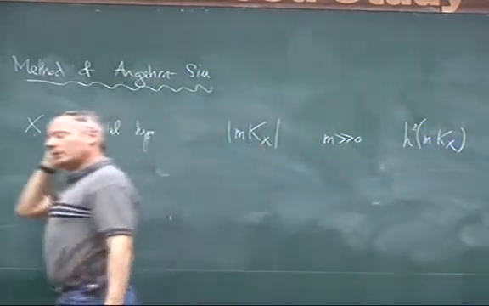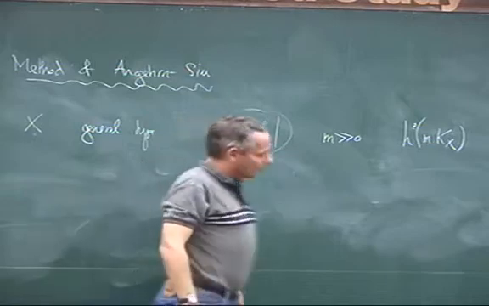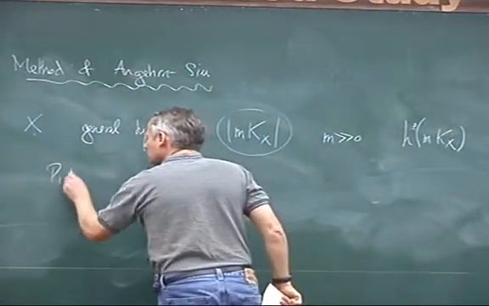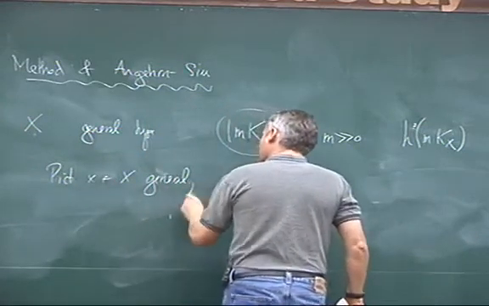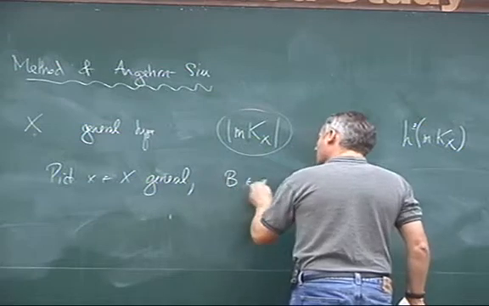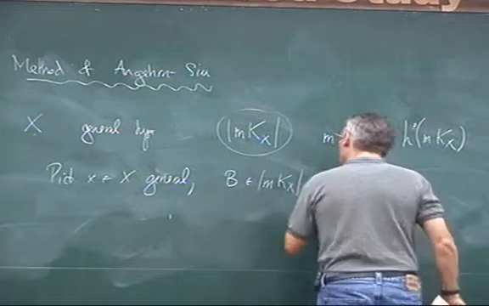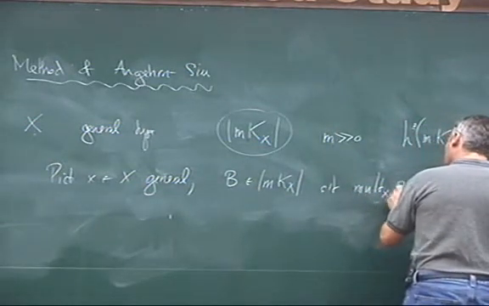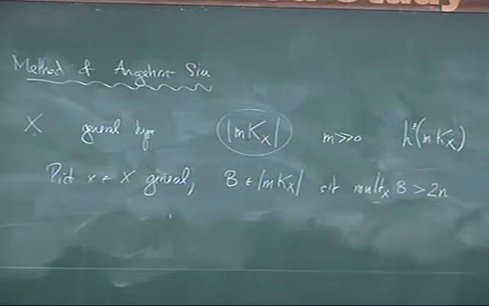By Riemann-Roch, of course, the only thing that's important is the leading term, and this will be quite large. And the point is you pick x in X general, and you pick a divisor in this linear system such that the multiplicity at x of B is greater than 2n.